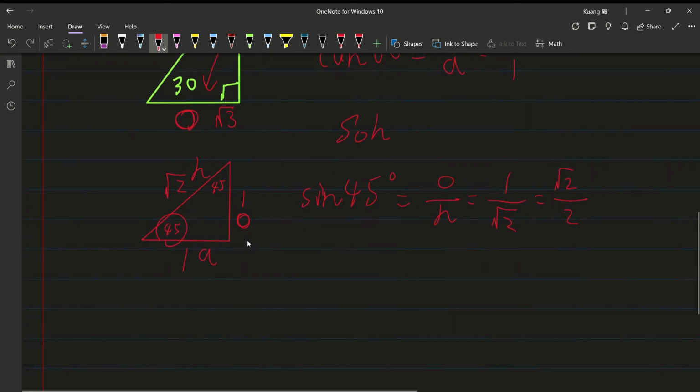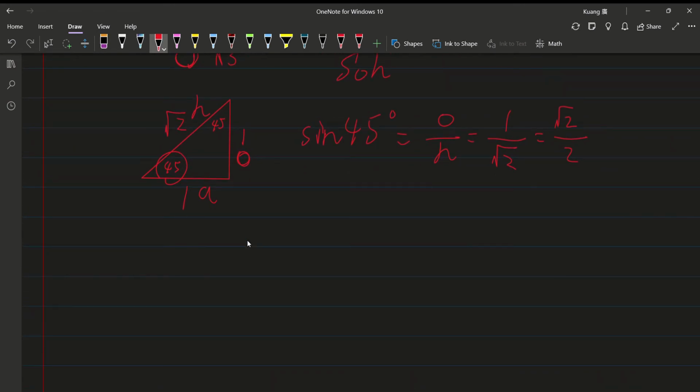Sometimes you will only be given the lengths of two sides of the triangle. For example, I give you a right triangle and say I only give you two sides. Like this is 13, this is 5.